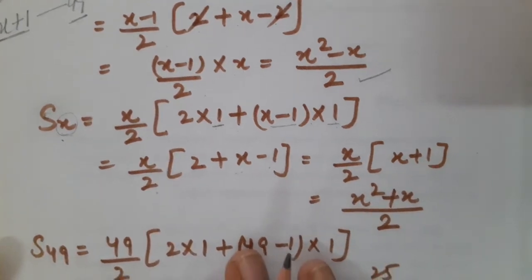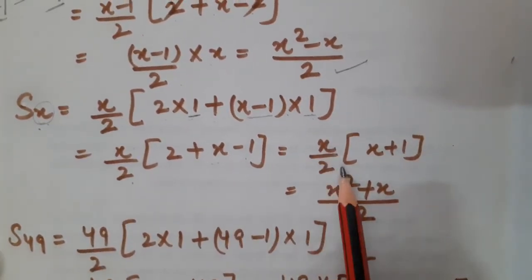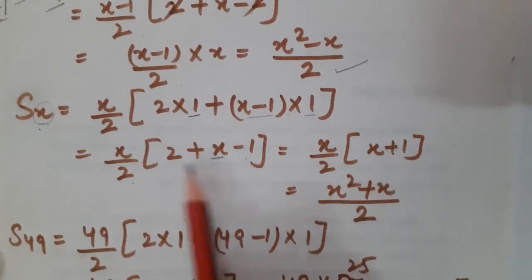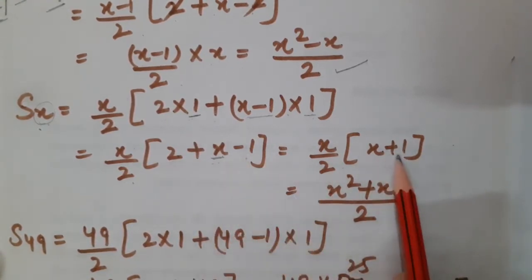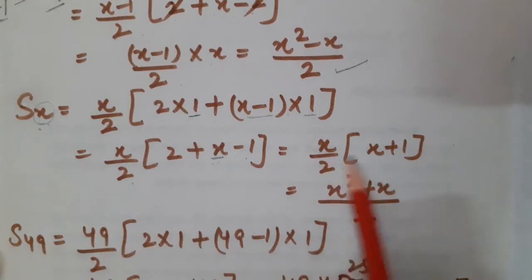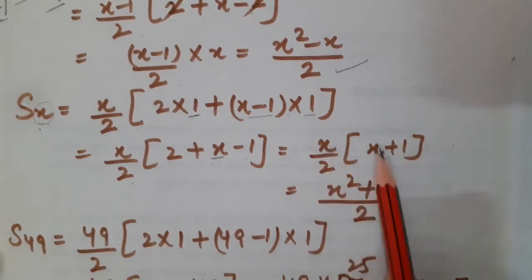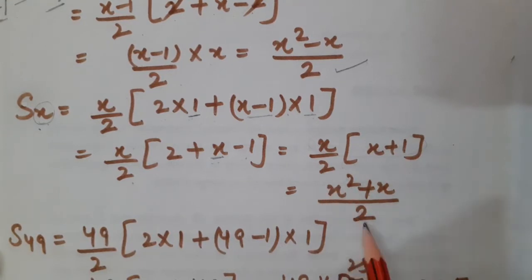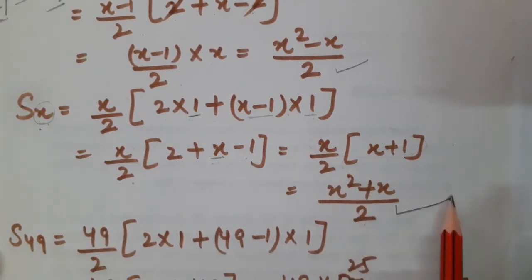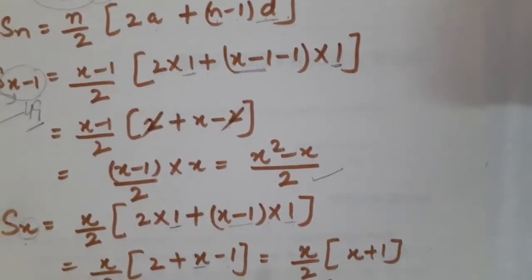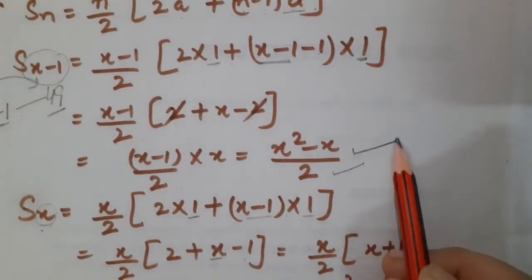Now let us simplify: x into x gives x square, plus x into 1 gives x, upon 2. So this I have calculated as Sx, and the preceding one was Sx minus 1.